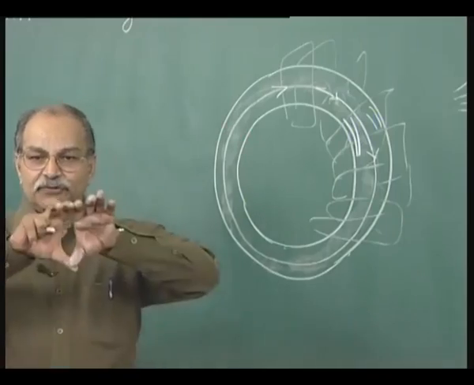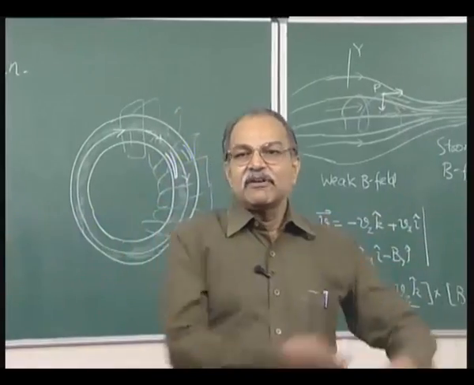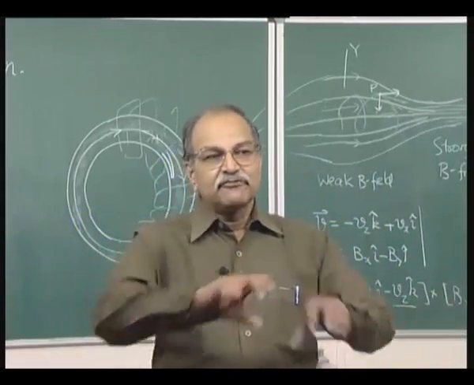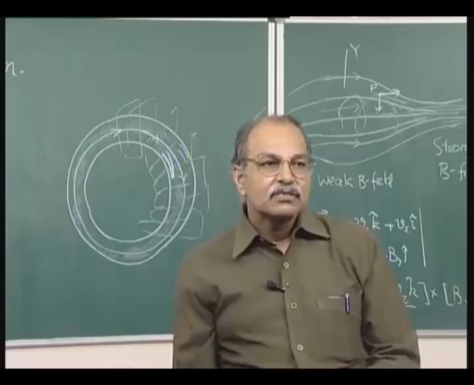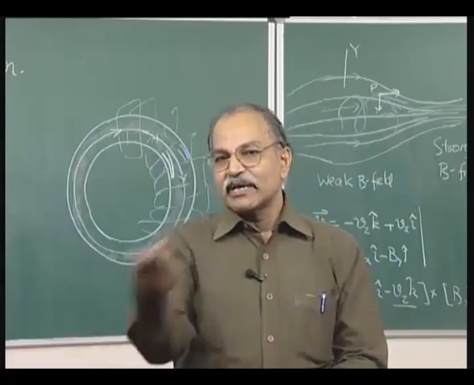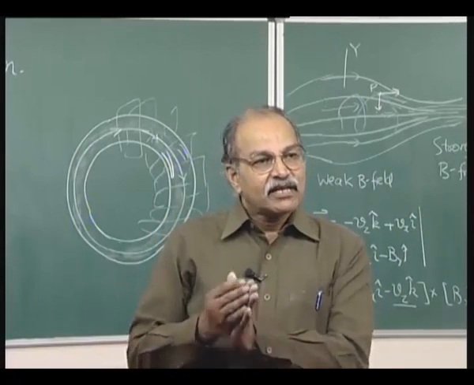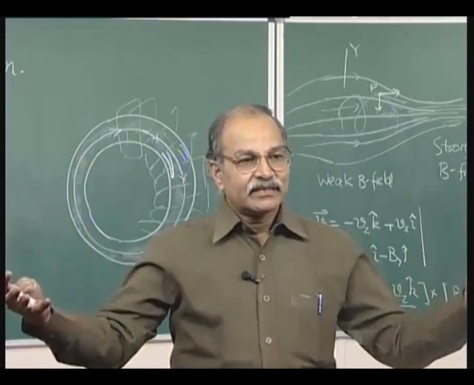Right. If you have a cylindrical solenoid, the field is uniform everywhere. But if you have this toroid and then you put windings there, and from there pass a current and produce a magnetic field, that magnetic field is stronger on the inner side and weaker on the other side.